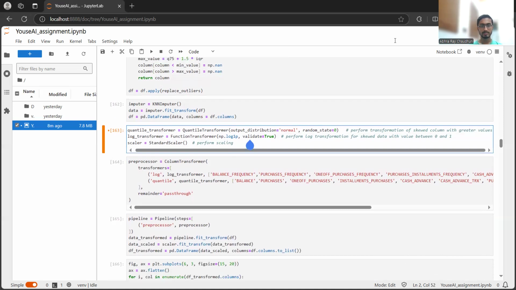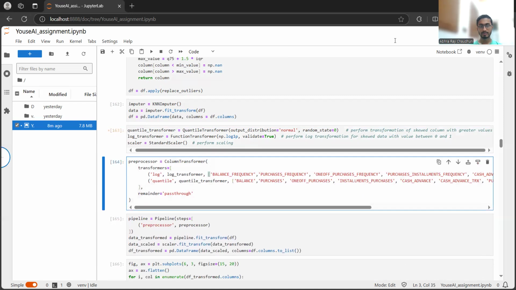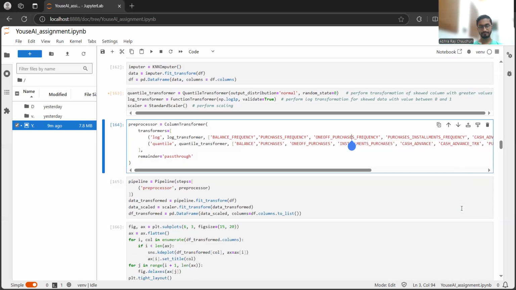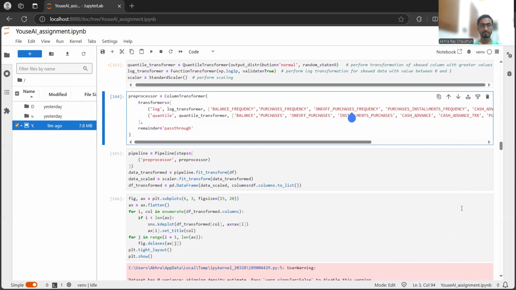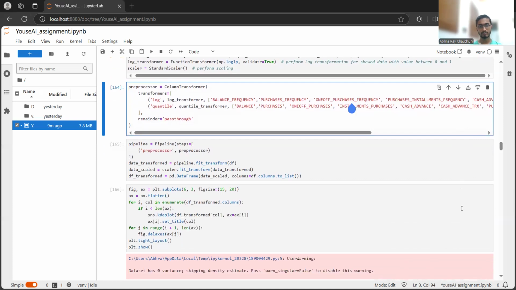In the pipeline, we give the power transformer for the columns with values between 0 and 1, and for the quantile transformer we assign the columns which are in the hundreds and thousands. After that, we scale it using the standard scaler from the scikit-learn library.